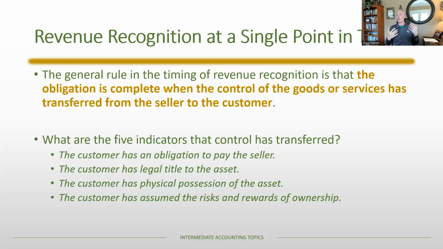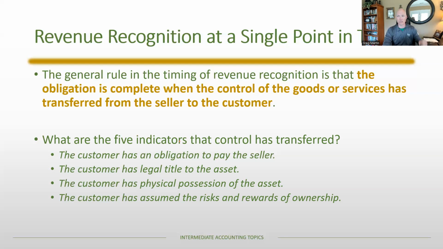If I want to take it to the beach, I can. Whatever I want to do. So when the risks and rewards of the car transfer to the customer, that's another indication. Again, all these things are pointing to when a dealership could recognize the revenue from the sale.